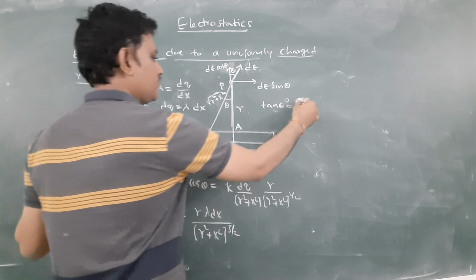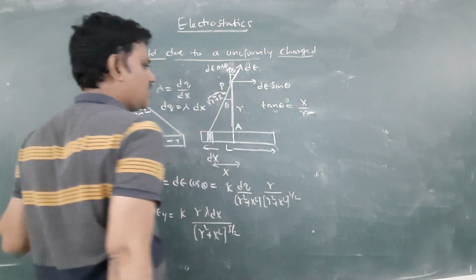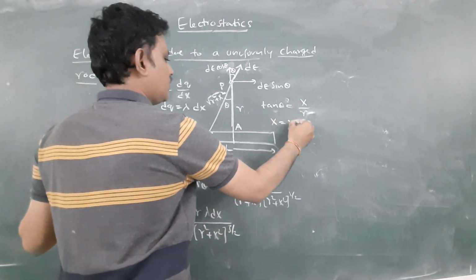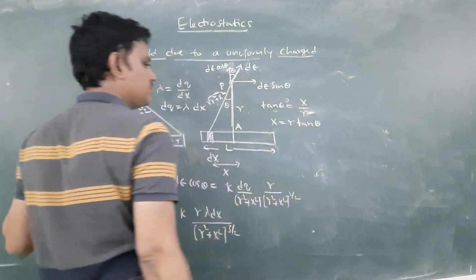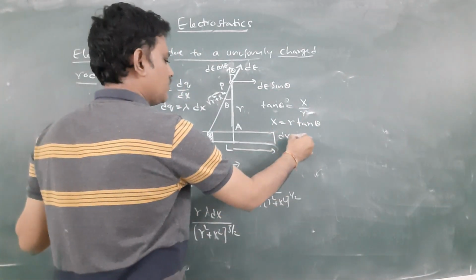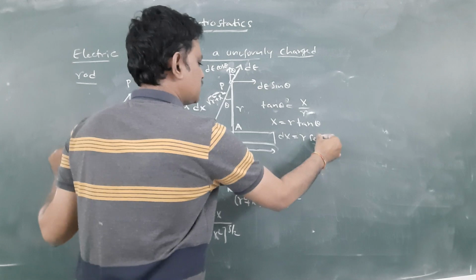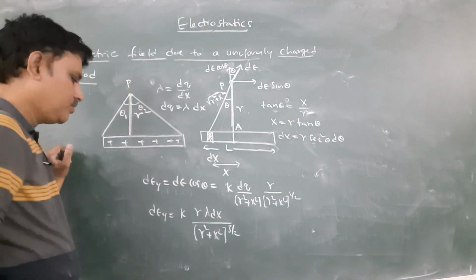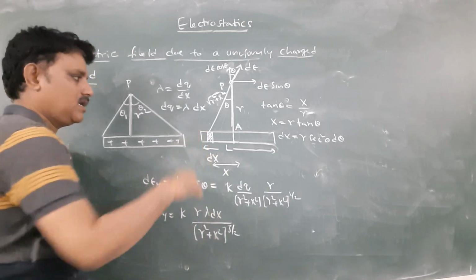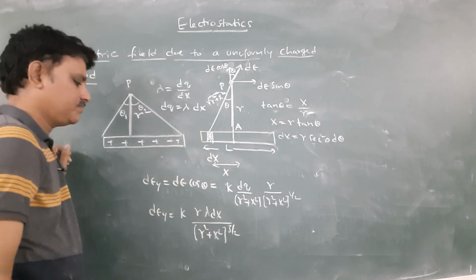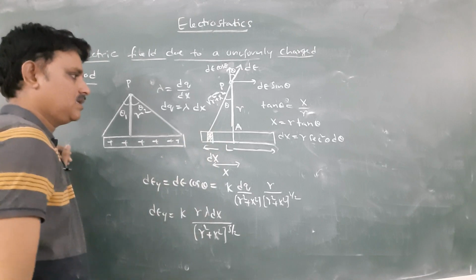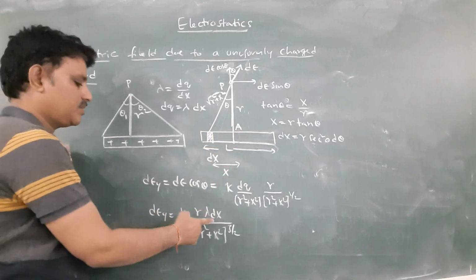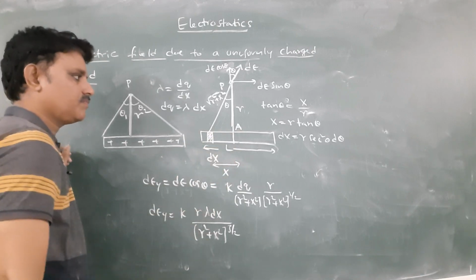Opposite side is x, adjacent side is r. So x is equal to r tan theta. So dx is equal to r secant square theta d theta. So we substitute in place of dx, r secant square theta d theta, and in place of x, r tan theta.